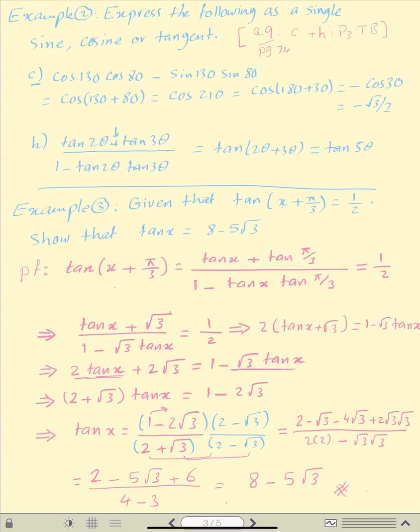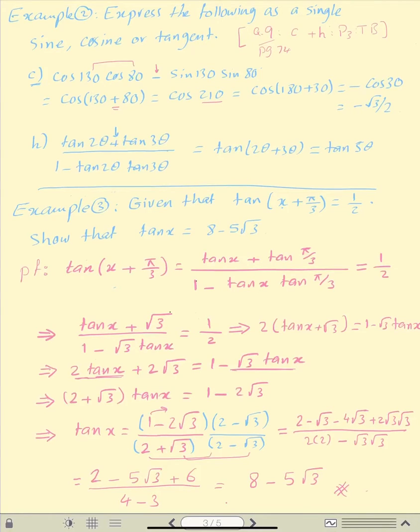This is minus, so this is plus. Simple like this. So it is cosine of 130 plus 80, which is 210. We know from trigonometry in Pure 1, cosine 210 is cosine of 180 plus 30.